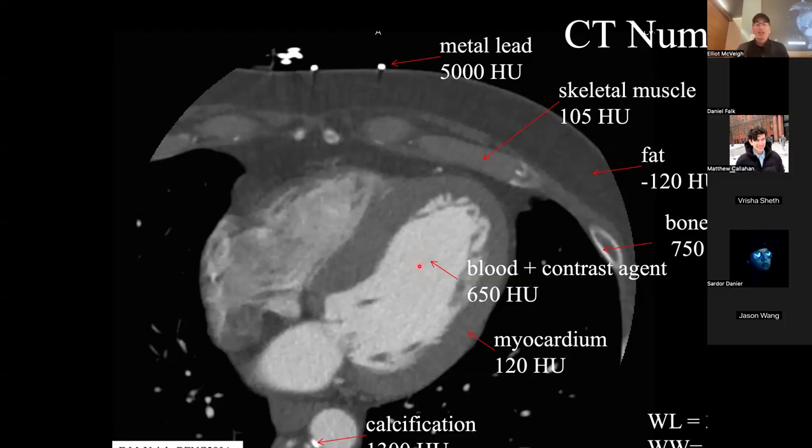You can do that with fat and myocardium, but you have to change the way you display the picture such that this number and this number look quite different in the picture. You can achieve that.